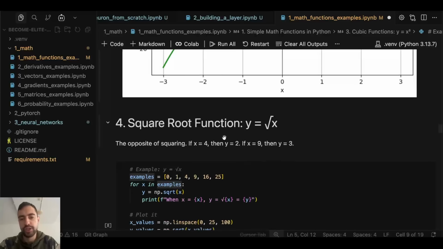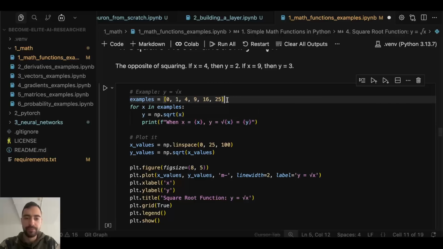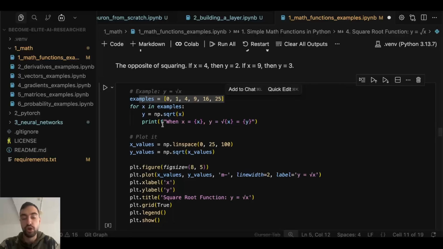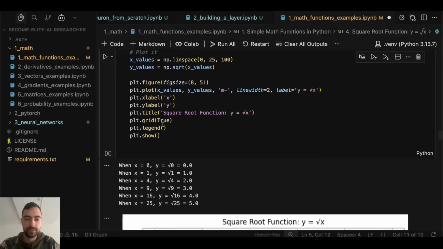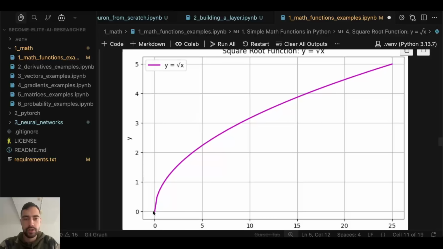Square root function. So y is equal to square root of x. I'm going to have the same code here, so I put some numbers. You can only find roots of positive numbers, by the way. You cannot find roots of negative numbers. It's not defined, or it's not real, I should say. And so this is what y equals square root of x looks like.